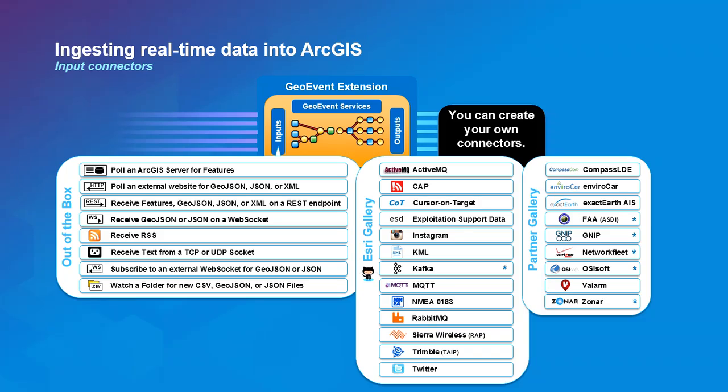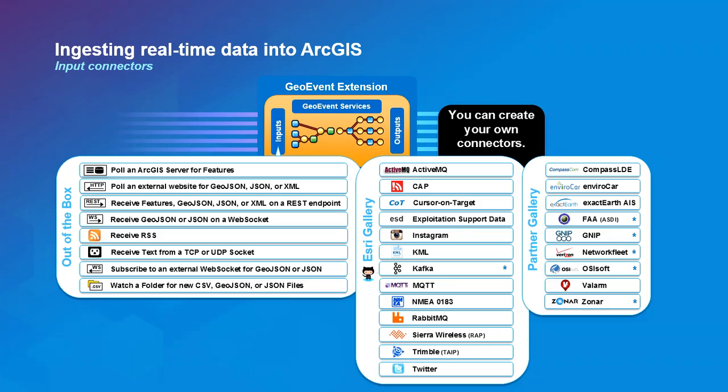So for devices that transmit NMEA standard 0183, you can use that connector to connect to those devices and receive that real-time data. There's a number of AVL or in-vehicle GPS device support out there, so Sierra Wireless and Trimble, and also a Twitter connector that allows you to ingest real-time streams of data from Twitter.